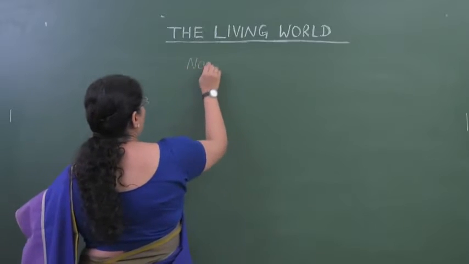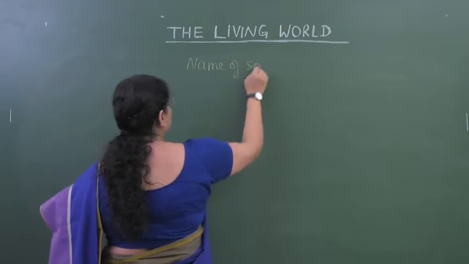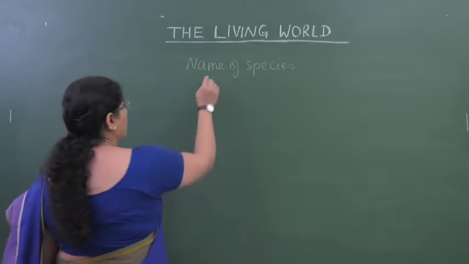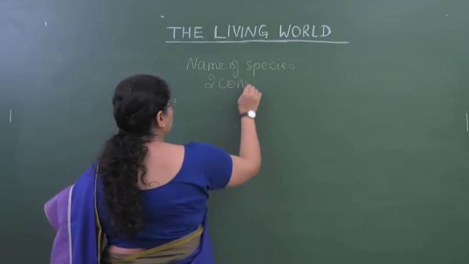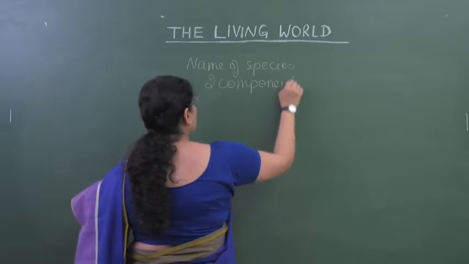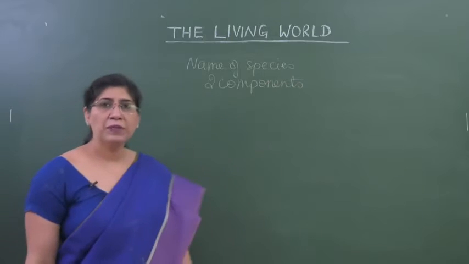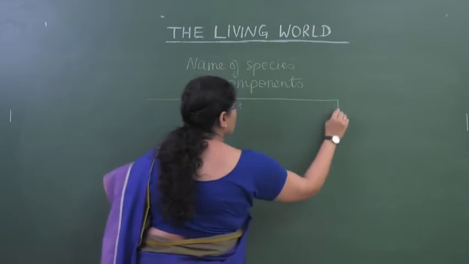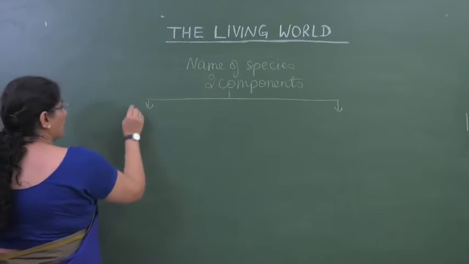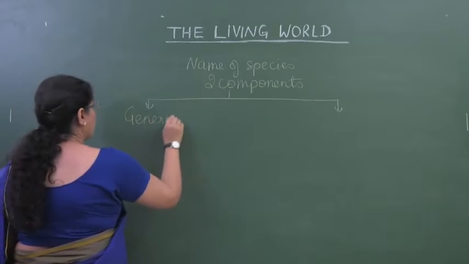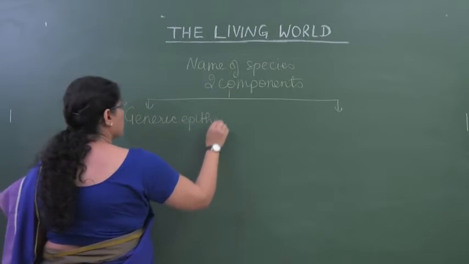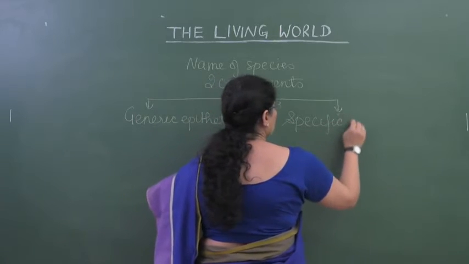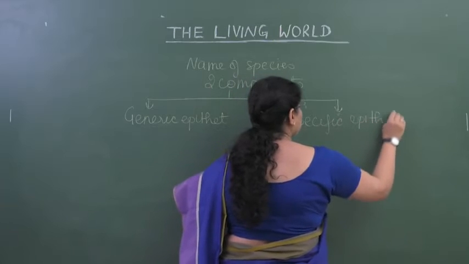The name of species, please see I am saying species, has two components: a generic epithet and a specific epithet.